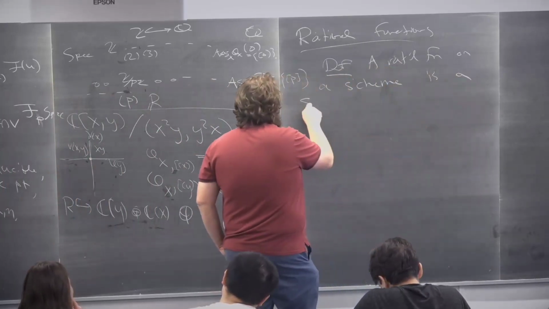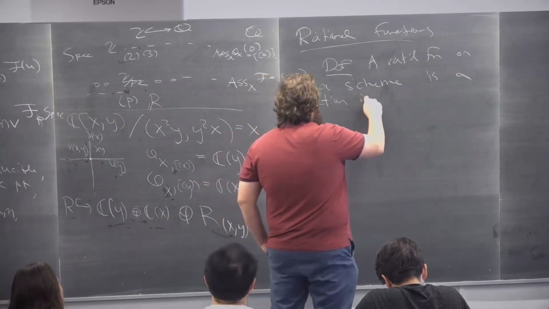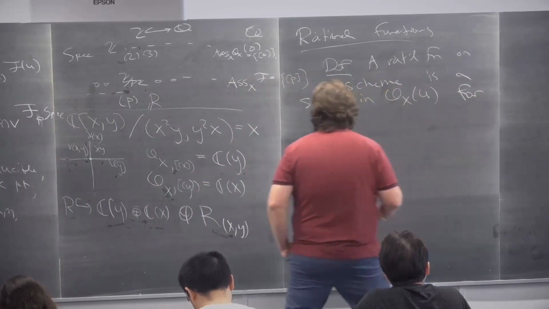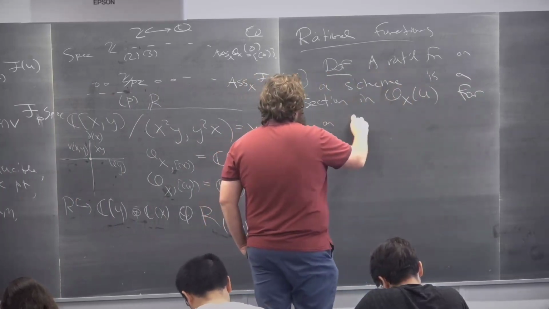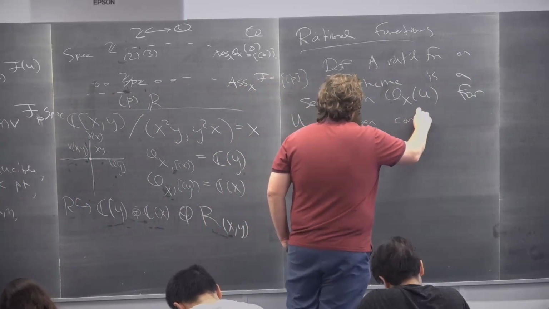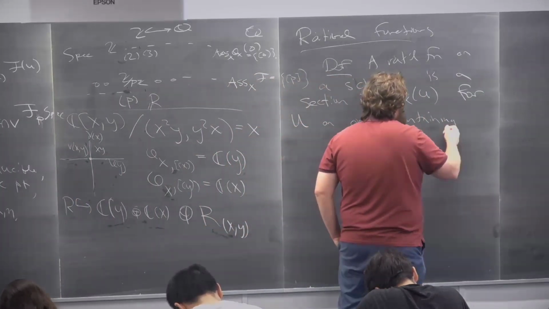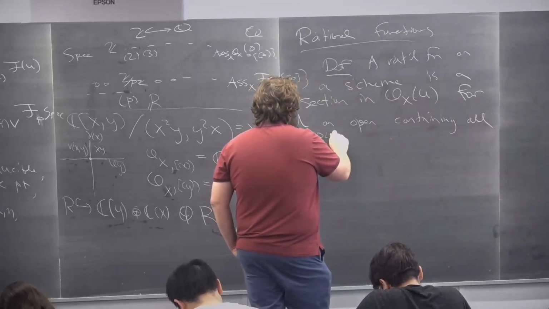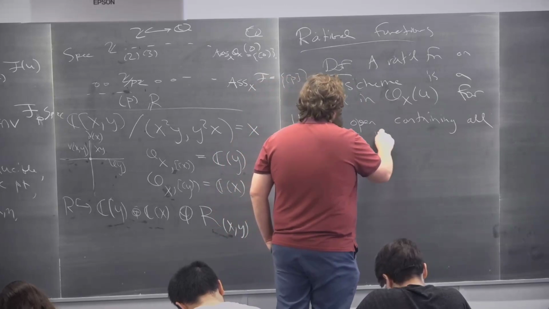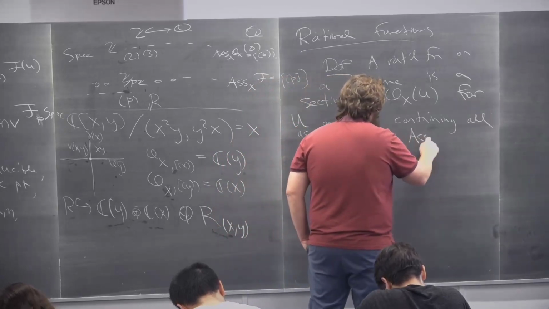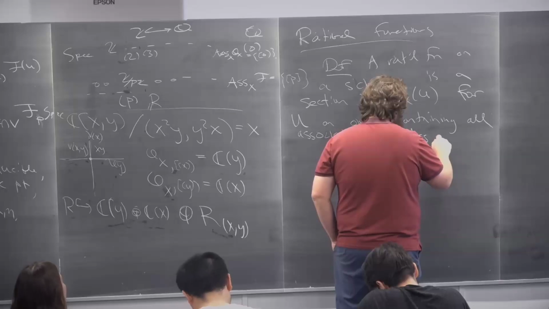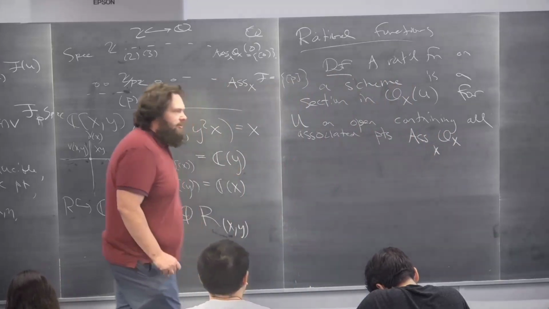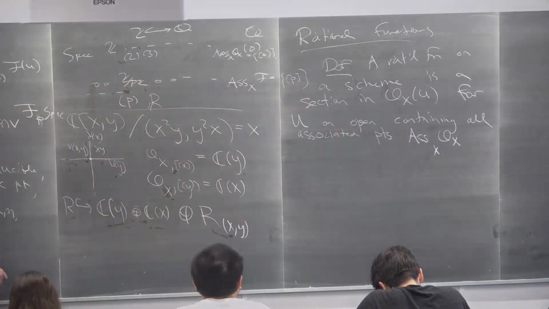A rational function is a section of O_X on U, where U is an open set containing all associated points of the structure sheaf.